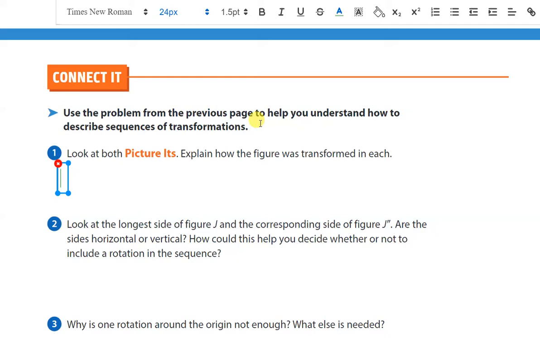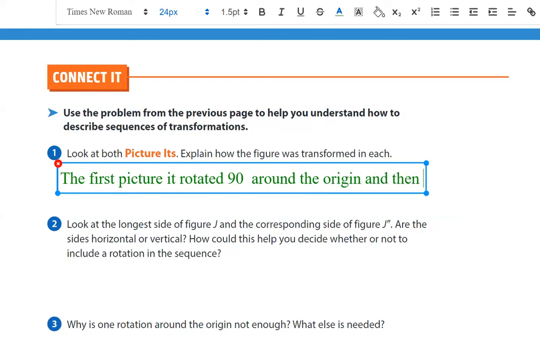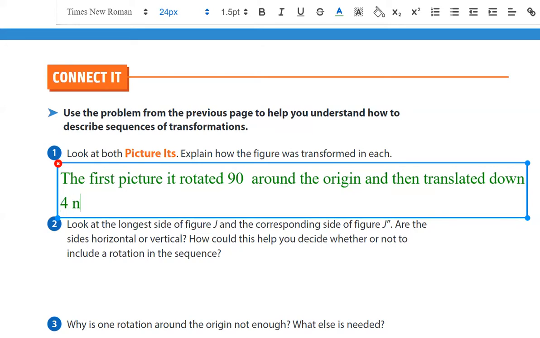The first picture, it rotated 90 degrees. I don't know how to type degrees though. Okay, 90. I'll write it in later. Around the origin and then translated down 4 units. And the second did the opposite. I'm going to use a semicolon because that's fancy. The second, picture it, did the opposite.